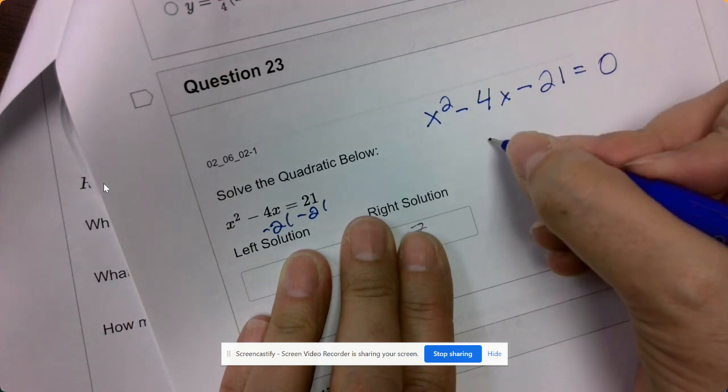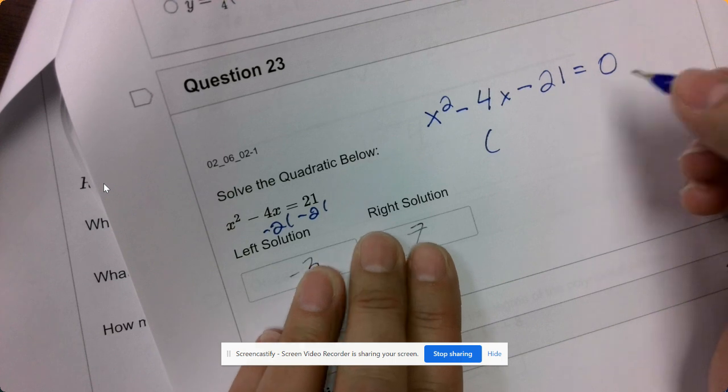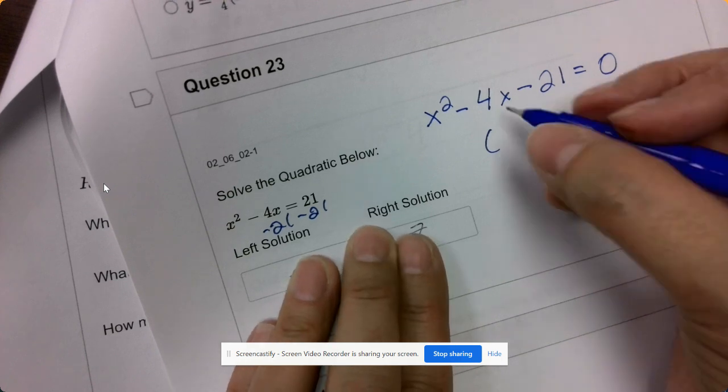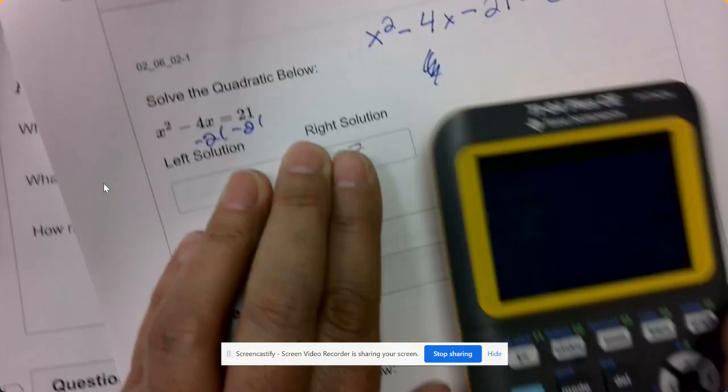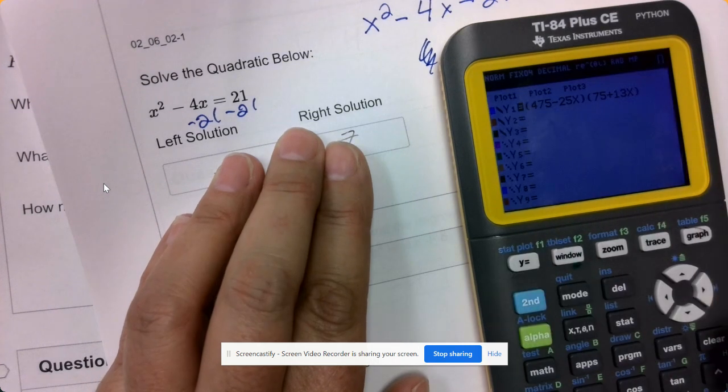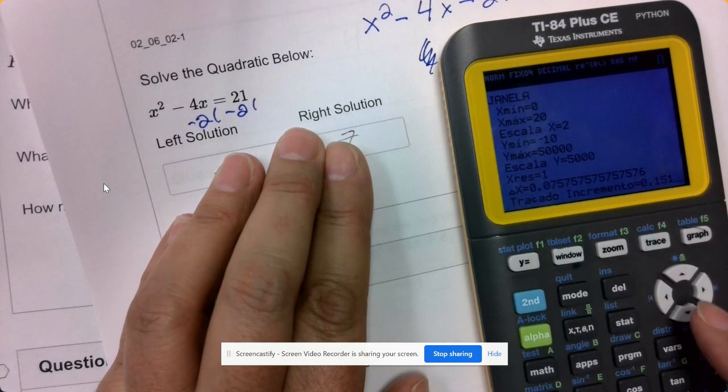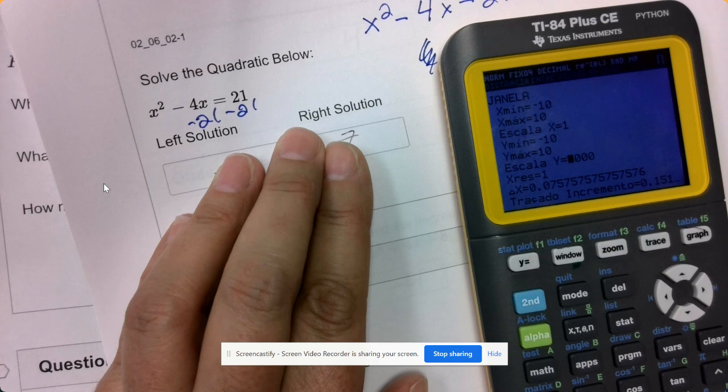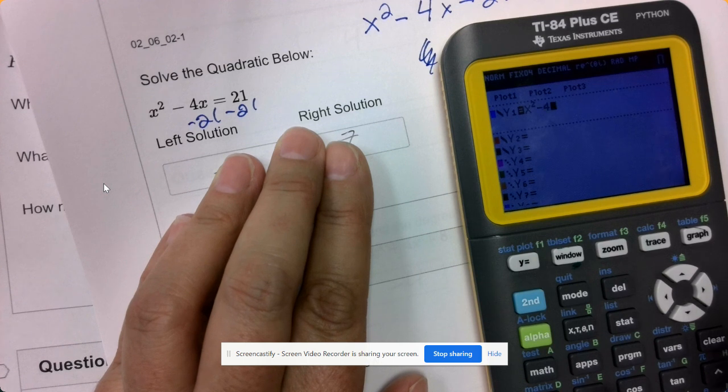Okay, we can use the quadratic. We can graph it. So this one, everybody, we're definitely going to graph. I'm going to make sure everybody change that window back to -10 and 10. And the scale is by 1. So we're going to put x squared minus 4x minus 21.